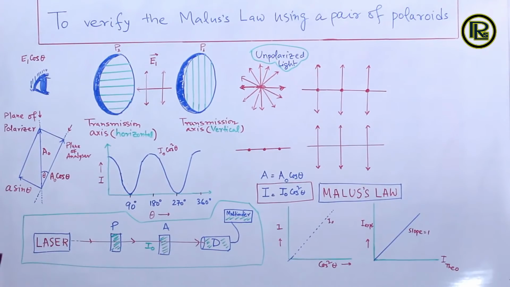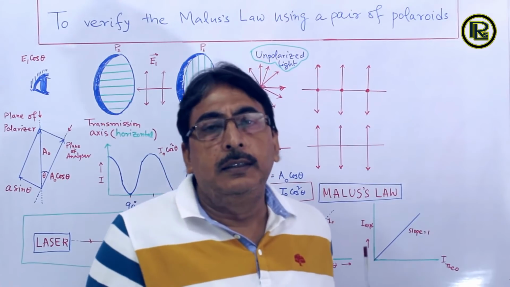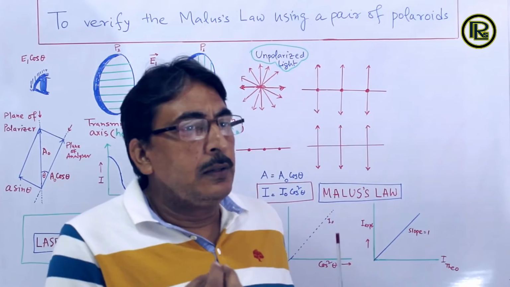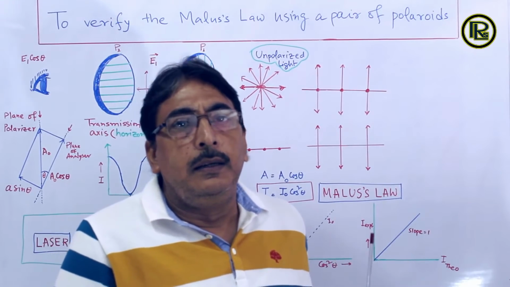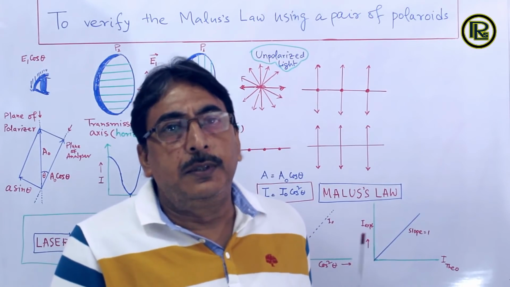So the light coming from the sun, from a bulb or from a candle, all the lights are electromagnetic waves.